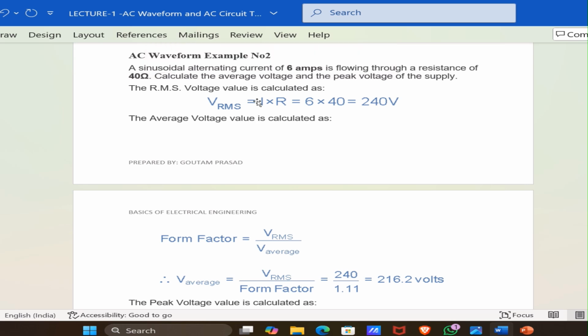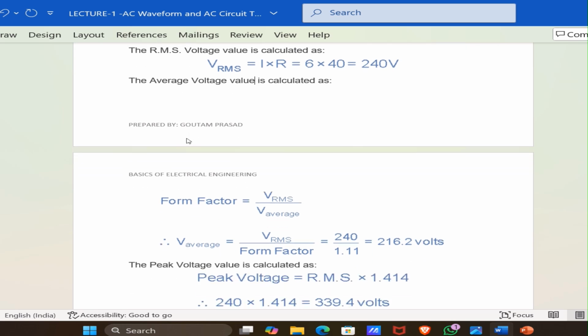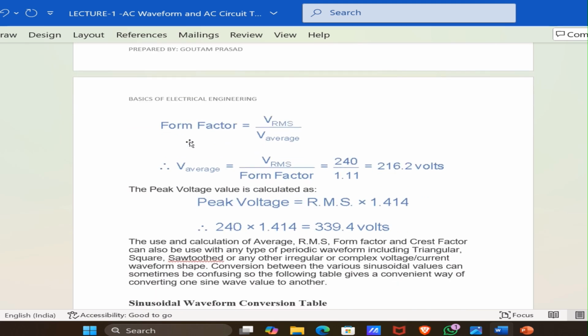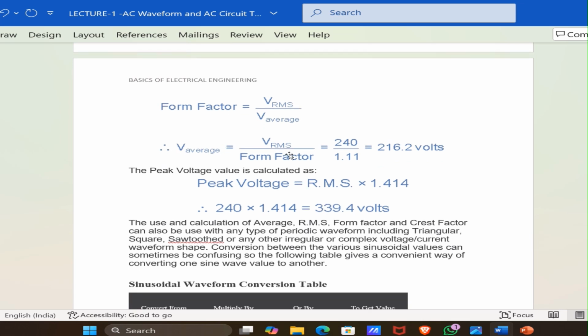Considering these two, Vrms equals I into R, that is 6 into 40, 240 volts. The average value is calculated as follows. Form factor is Vrms by V average, so V average is Vrms by form factor, that is 240 by 1.11, which is 216.2. So this is the average value.